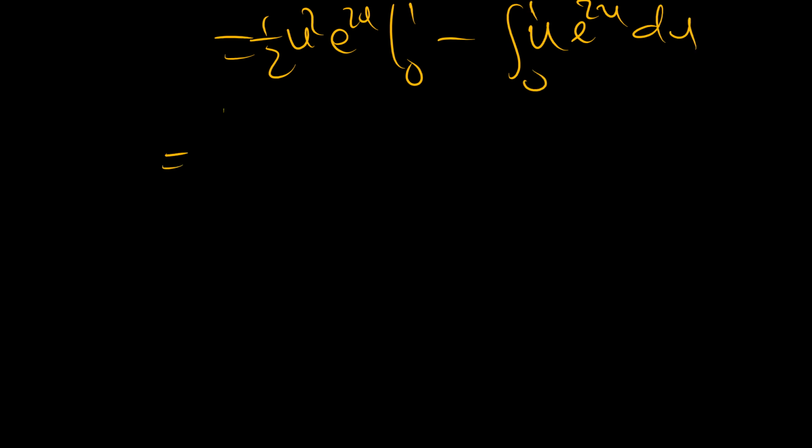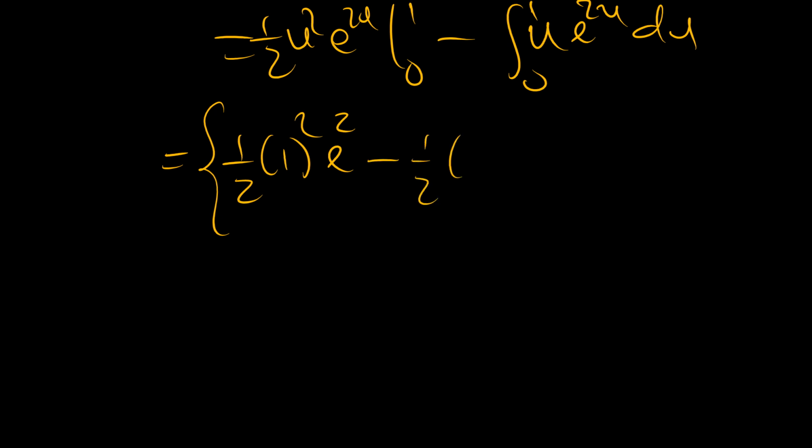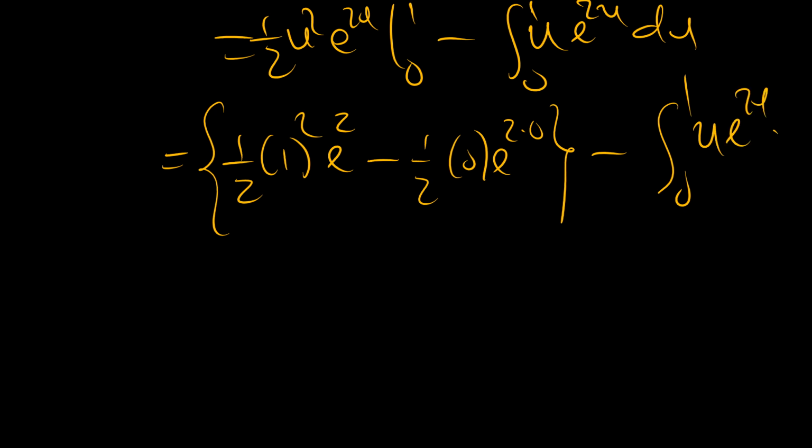This becomes a half 1 squared e to the power 2, minus a half 0 e to the power 2 times 0, minus the integral from 0 to 1 of u du.